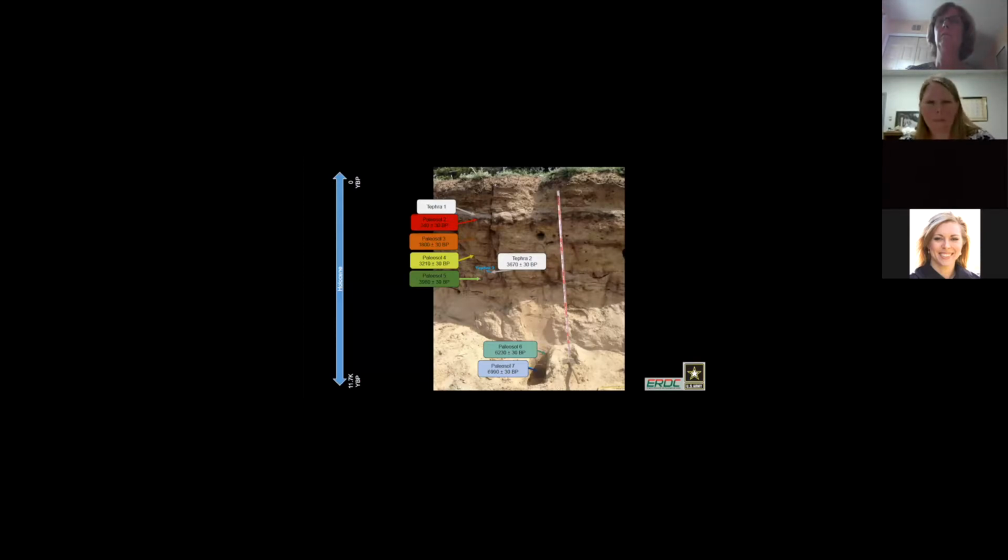So this image represents a bluff in interior Alaska with paleosols ranging from about 340 to about 7,000 years before the present, with 2 tephra in between. And just recall that the strategy that we take is that we sample these soils, extract DNA, and try to understand broad changes in microbial diversity through sequencing.